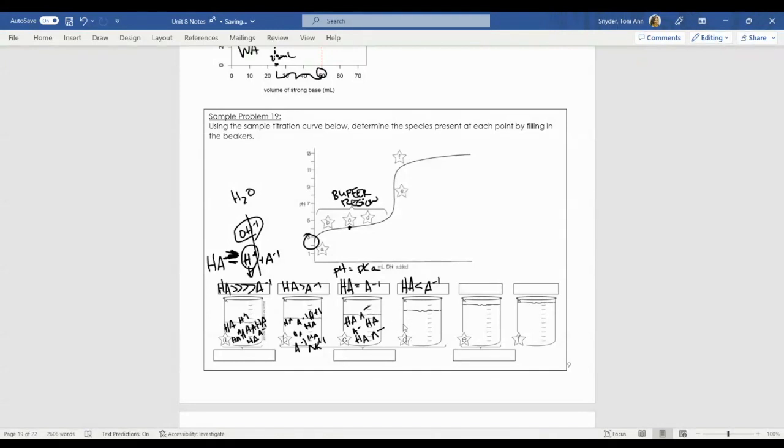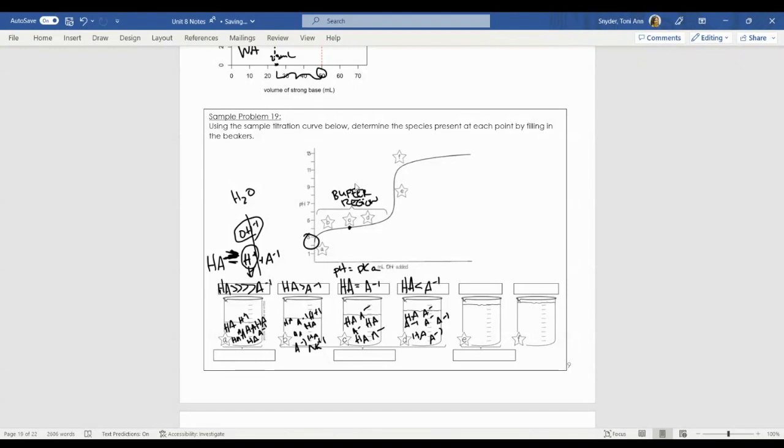So let's draw 2 HA's and 5 A- ions. It's fine, you get the idea. I have a lot more of that conjugate base present at that point.